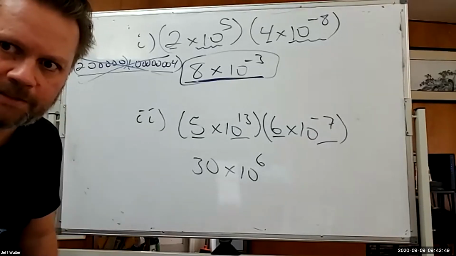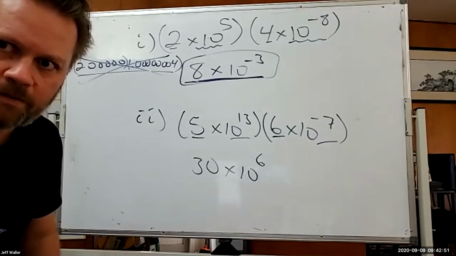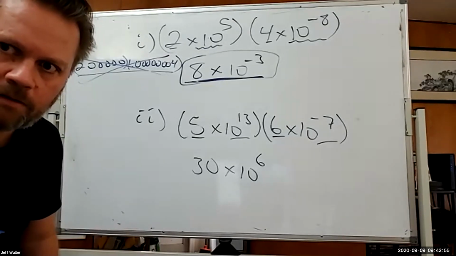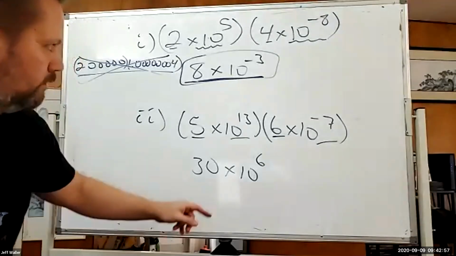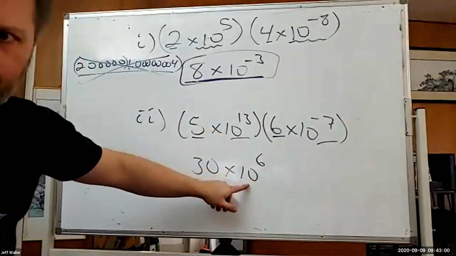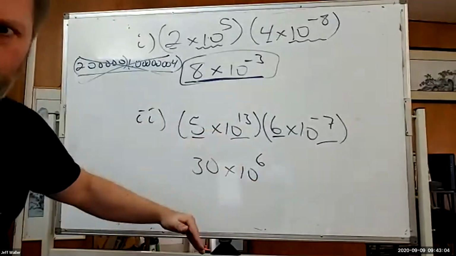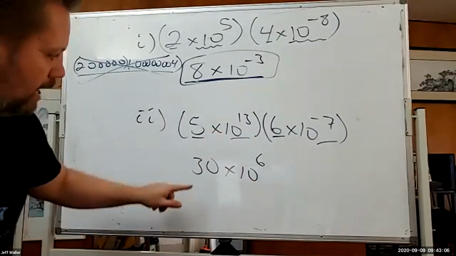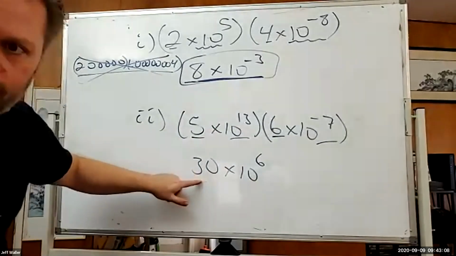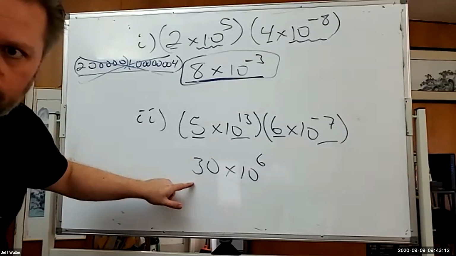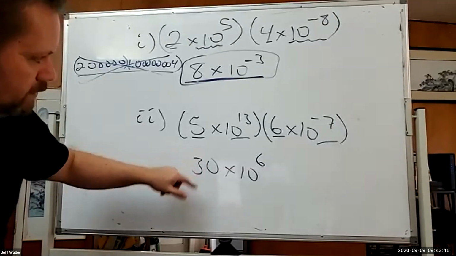Because it currently isn't. You said 10 to the 6 is a million, so it's 30 million. Yeah, that's fine, but that's not the question. This is not in scientific notation, because this is a number that's bigger than 10. So we have to move the decimal point.